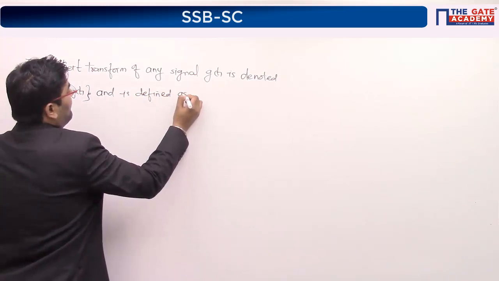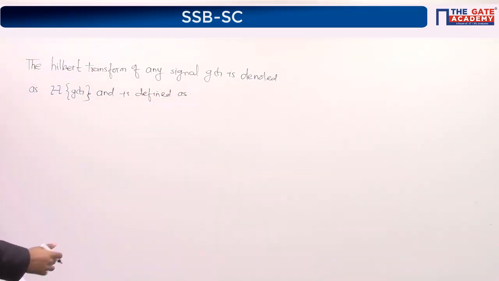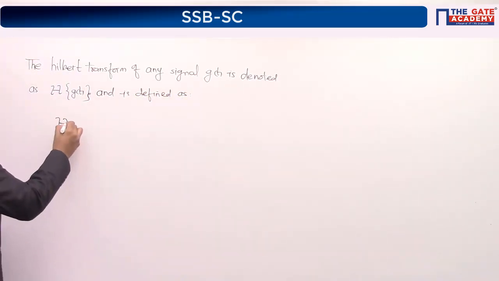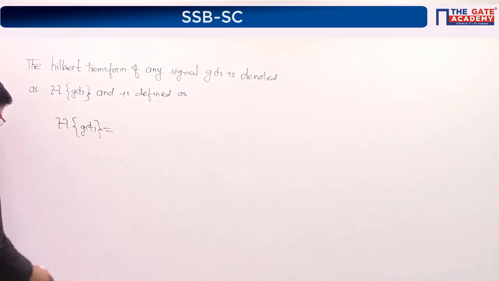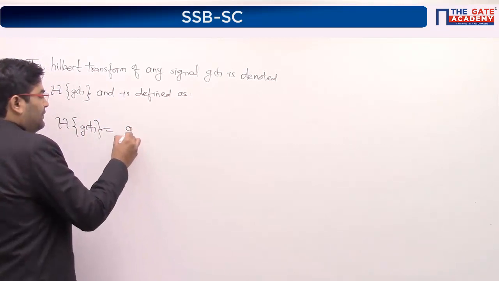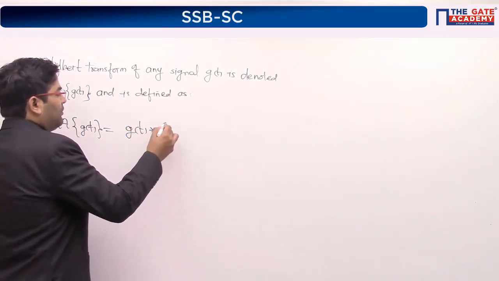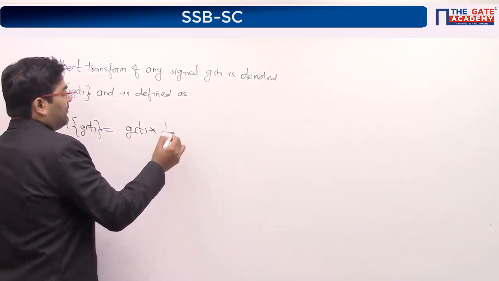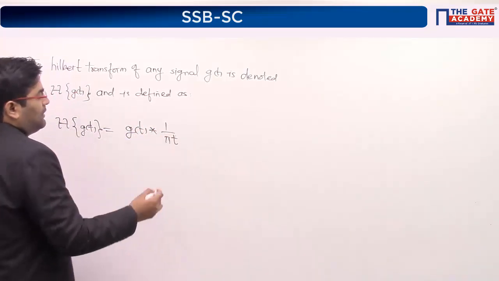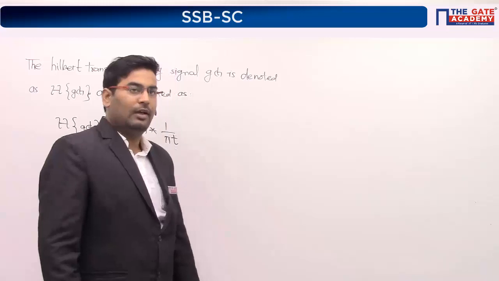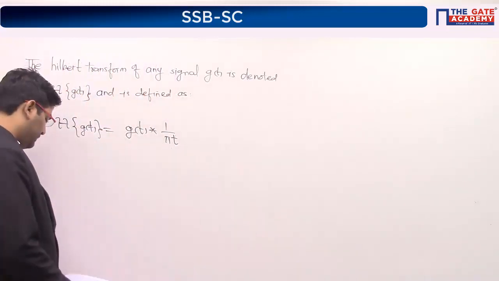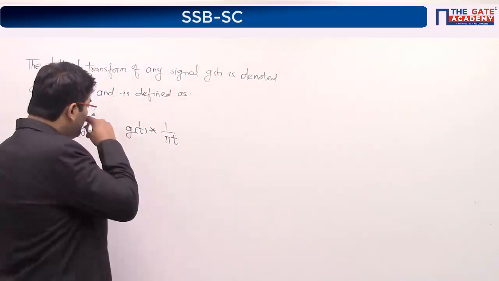so some of you said it correctly. The Hilbert transform of g(t) you can write as the convolution of g(t) with 1 upon pi t. So guys, 1 upon pi t is the impulse response of the Hilbert transform. So it is a convolution.